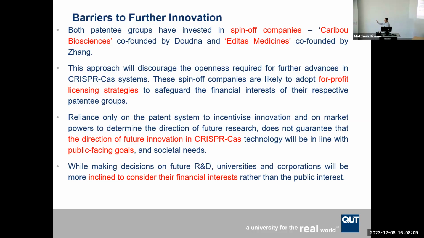And they may ignore the public-facing goals that can be achieved, or potentially achieved, by using this amazing, groundbreaking technology. While making decisions on future R&D, universities and corporations will be more inclined to consider their financial interest rather than the public interest. So we need to consider alternative options for how to incentivize innovation in this important field of technology.